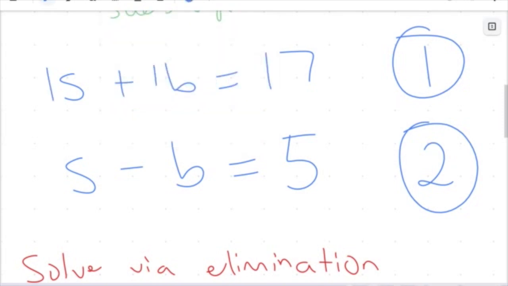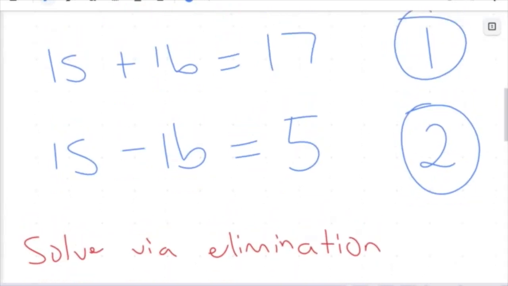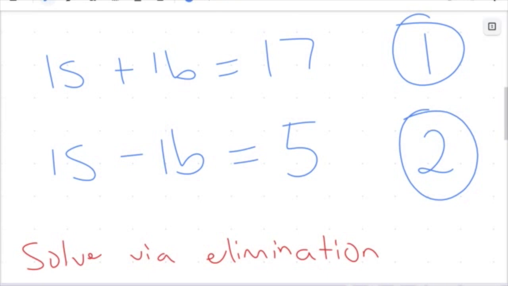I have 1, 1, 1, and 1. So what I'm going to do is add the two equations together. Adding them together, that's going to get rid of my B's here, because I'm going to be doing 1B plus minus 1B. So that's going to give me 0.